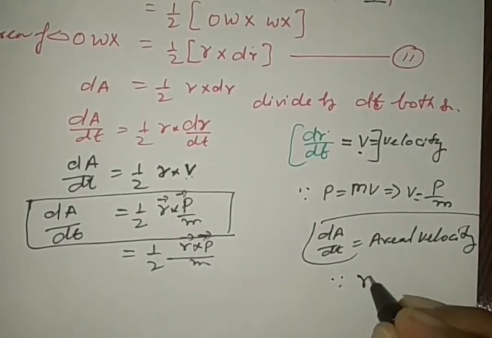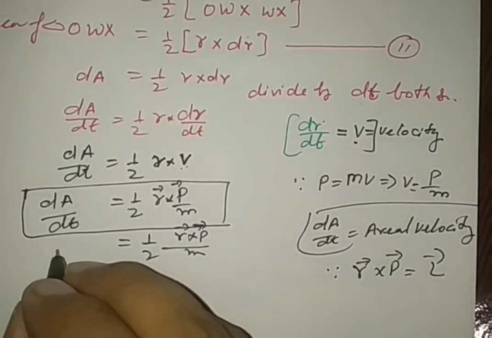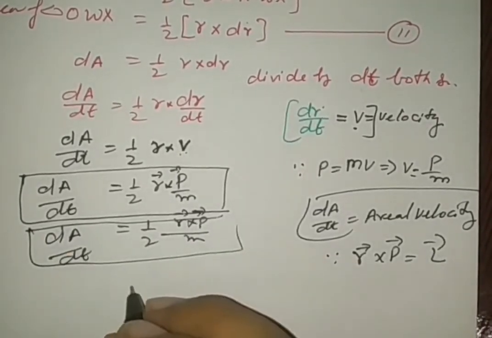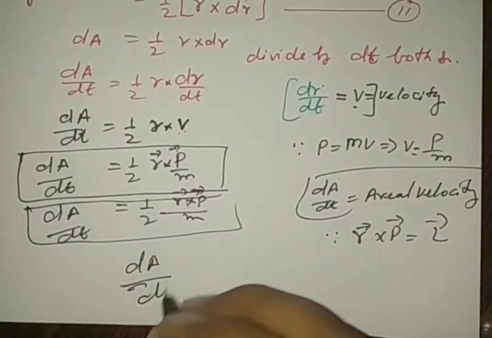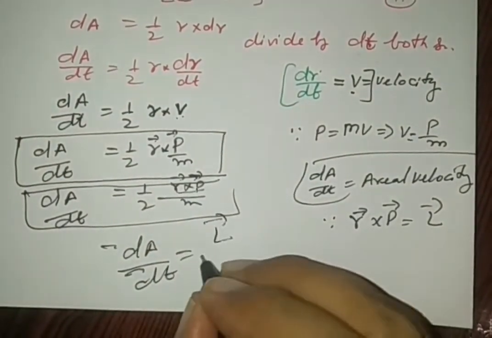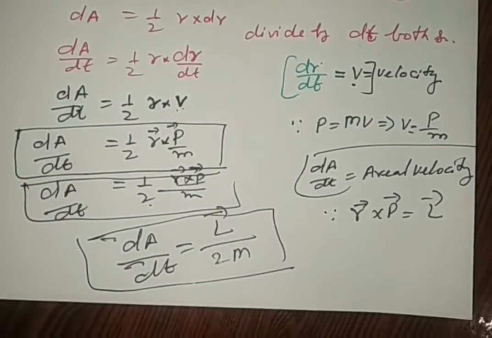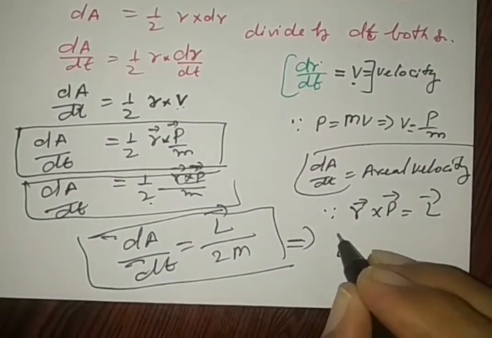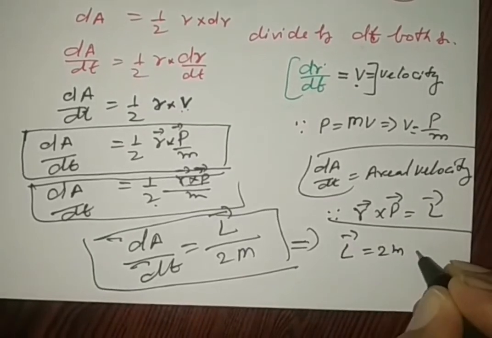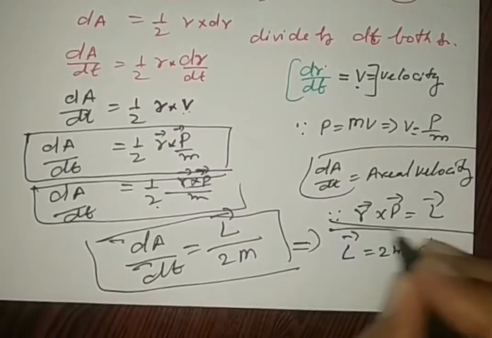Since r cross p is known as angular momentum L, dA by dt is equal to angular momentum L by 2m. But see, wow, angular momentum L can be represented as L equal to 2m into dA by dt.